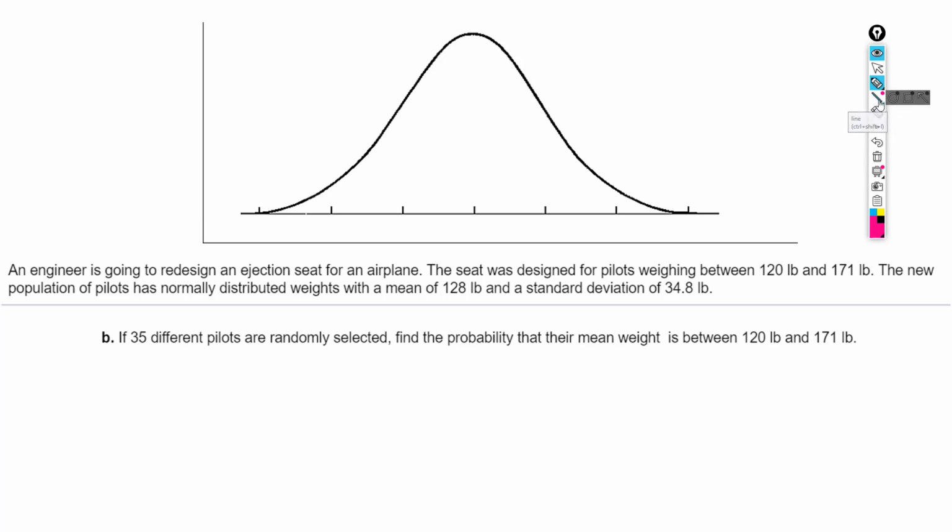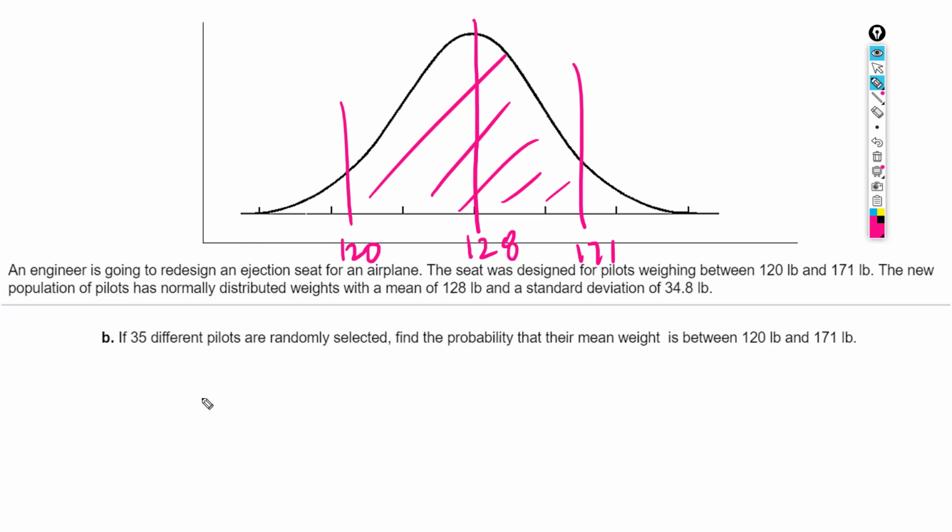You are still using the mean of 128 and still looking for the area between, but now we have a sampling distribution, and the only thing that changes in our formulas, so I have 120 and 171, and we've just been dividing by the standard deviation, but now you have to add this piece, the square root of the sample size. Of course you do this for both z lower and z upper.